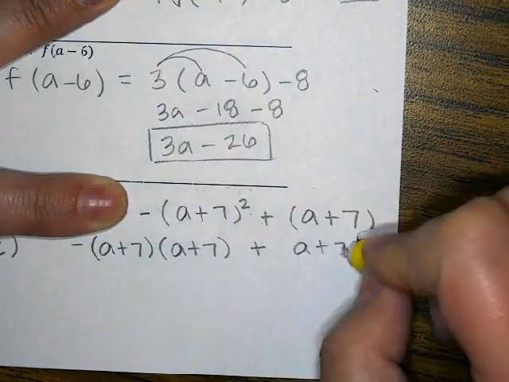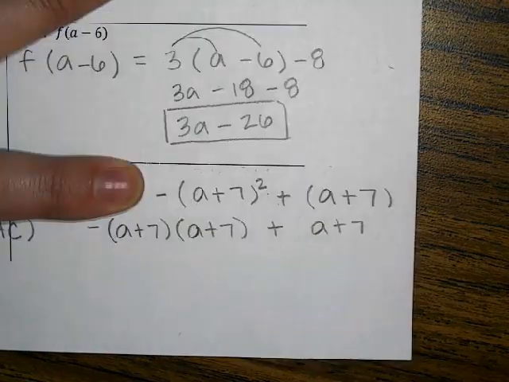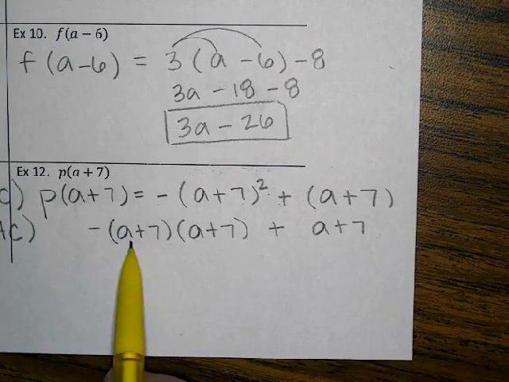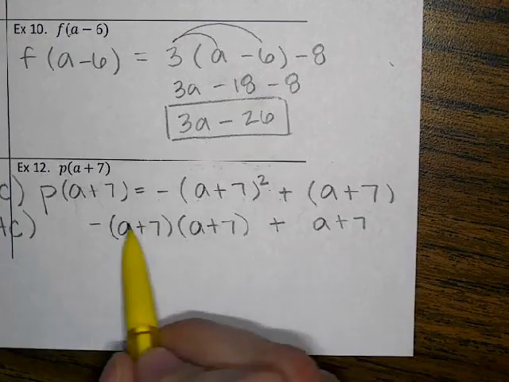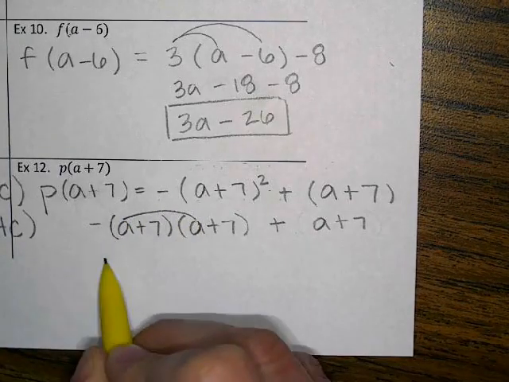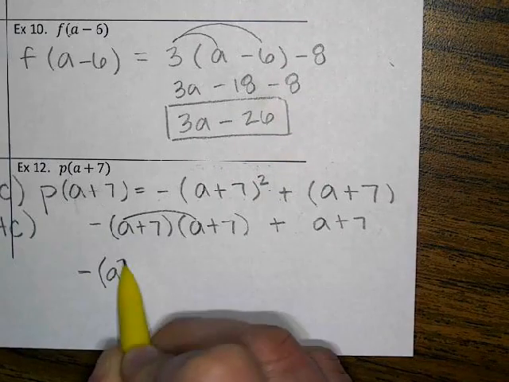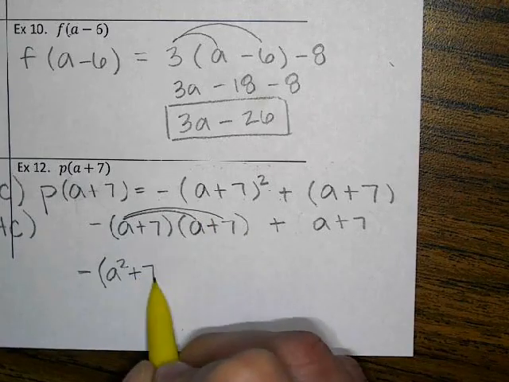All right, now I'm going to hold on to this negative, and I'm going to go ahead and multiply a plus 7 times a plus 7. I'm going to FOIL it out. So a times a is, I'm going to leave the negative out here. A times a is a squared. A times 7 is 7a. 7 times a is also 7a.